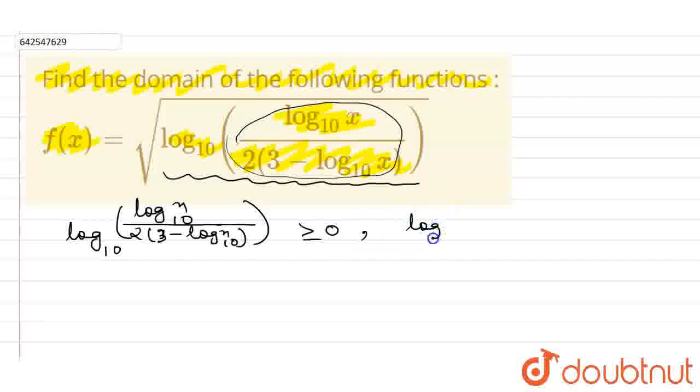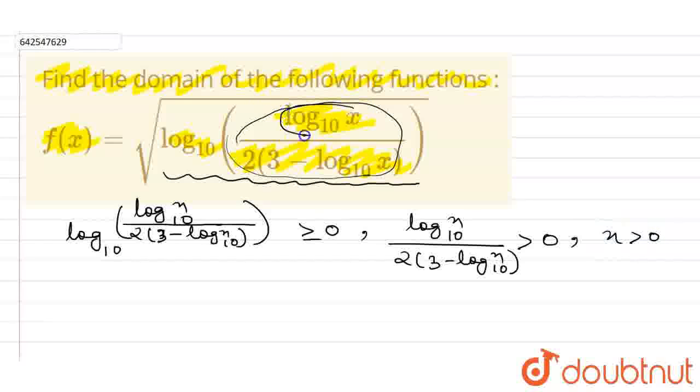So log x to the base 10 upon 2 into (3 minus log x to the base 10) should be greater than 0, and x should also be greater than 0 for defining this log function.